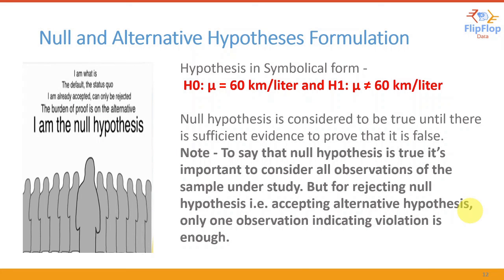But for rejecting the null hypothesis, only one observation indicating violation is enough. For example, if someone wants to test that humans have two hands, then to prove that this is true, we must check all humans in our sample. Whereas to prove that it is false, only one human who has one hand or no hand is sufficient.